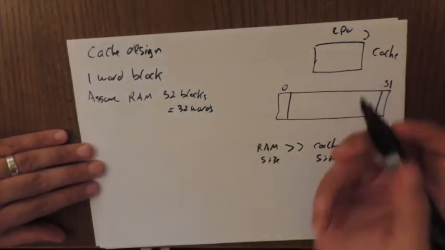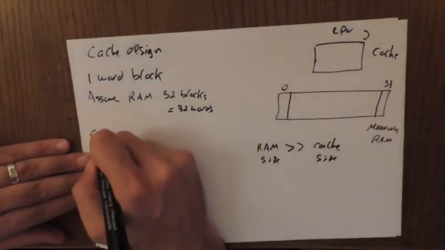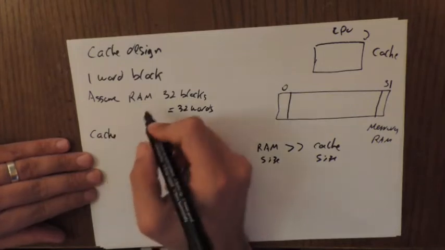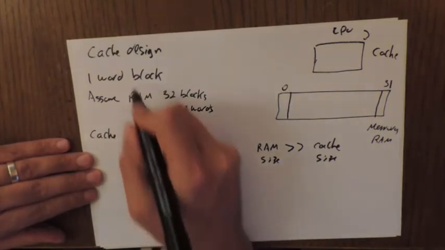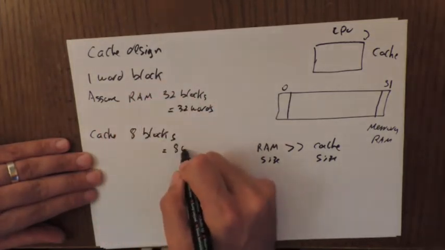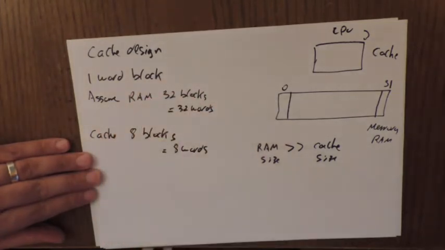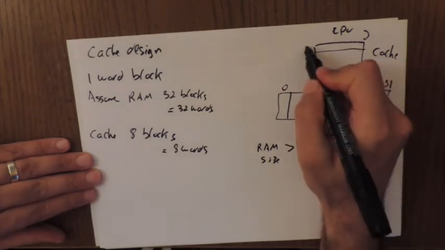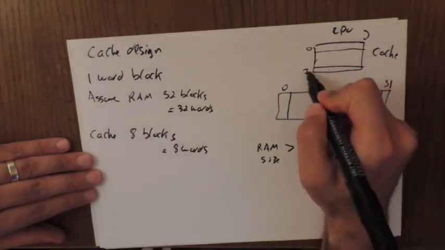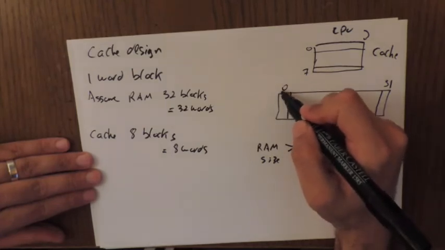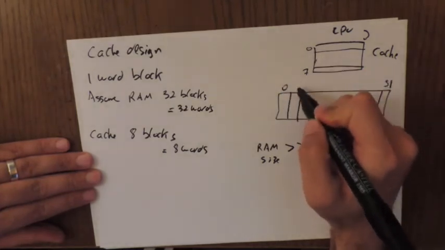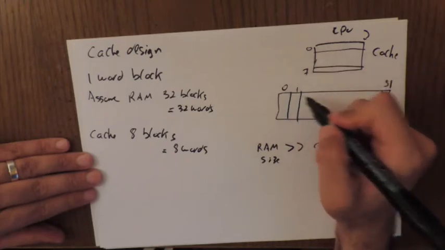So a typical approach, and of course the cache has 8 blocks, which means since we have one word per block, 8 words. So the simplest approach, let me write 0 to 7, is to get this word and place 0 in 0, 1 in 1, 2 in 2.